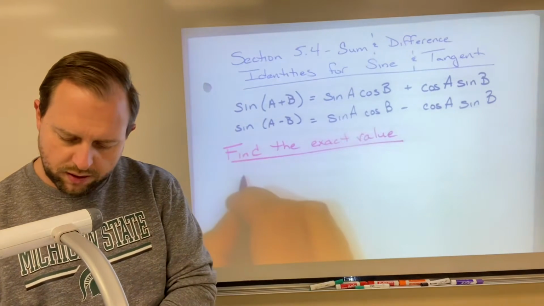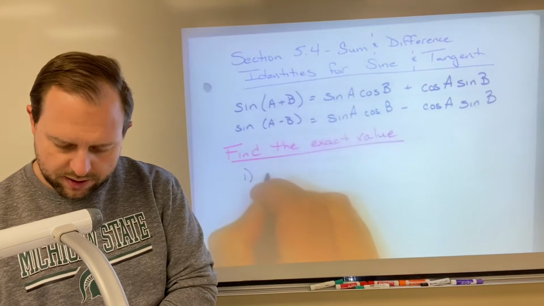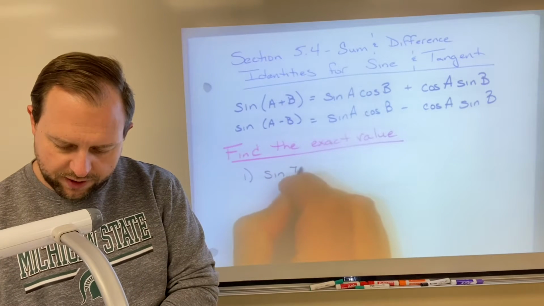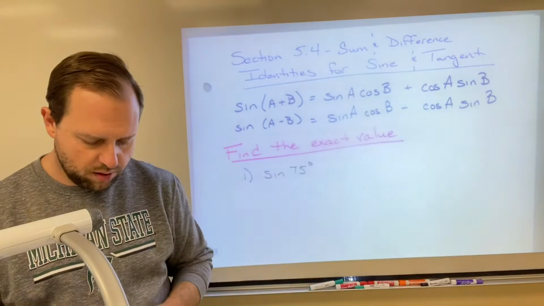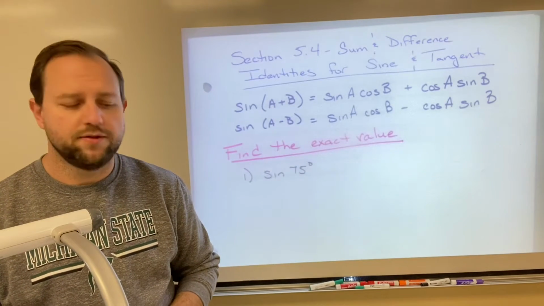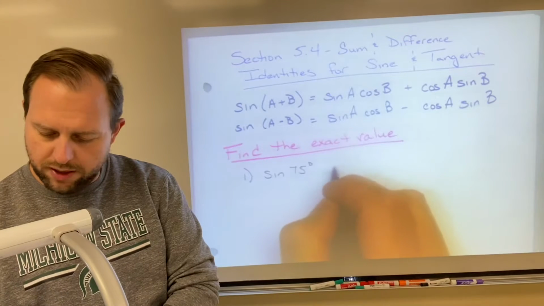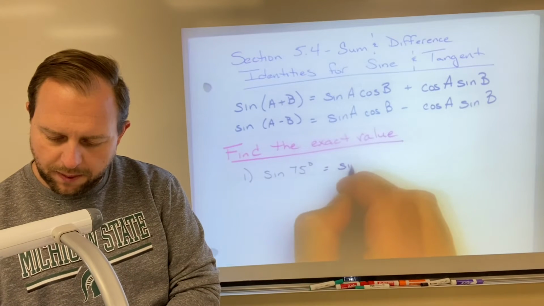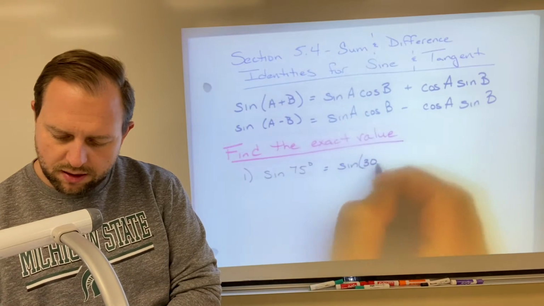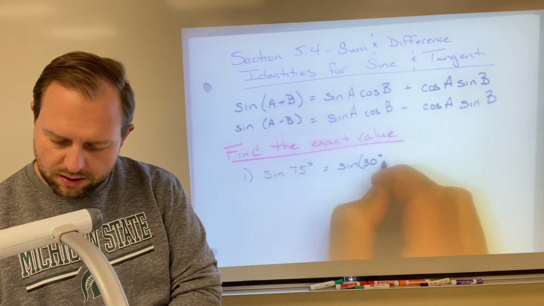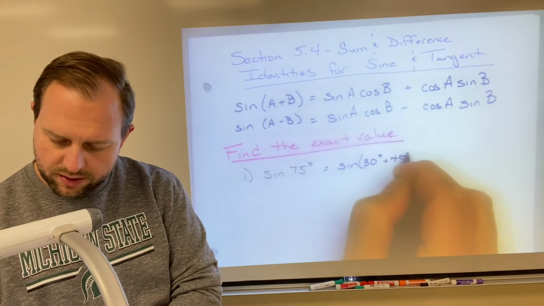So if our example here is sine 75 degrees, there are a couple of different ways to do that. The one that strikes out to me would be that this is the same as sine of 30 degrees plus 45 degrees.